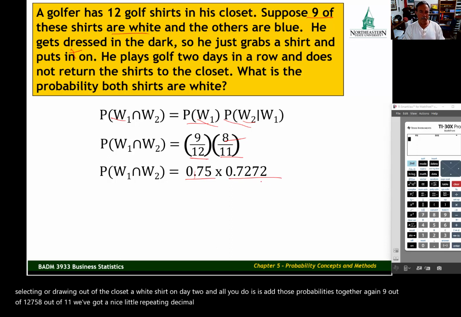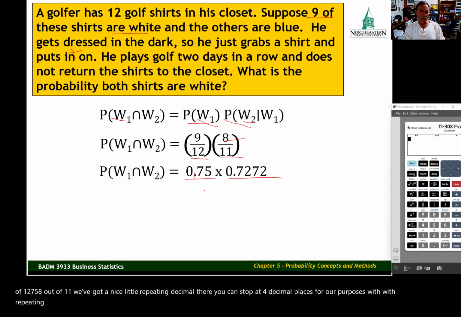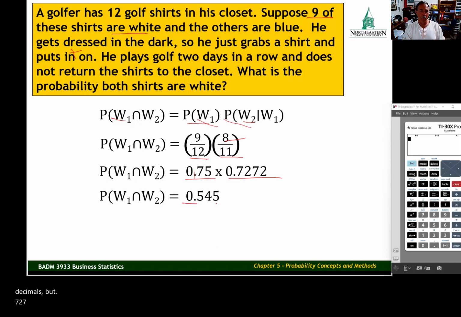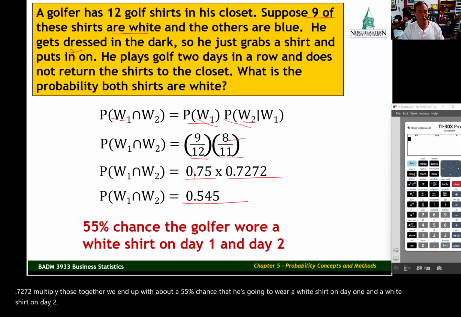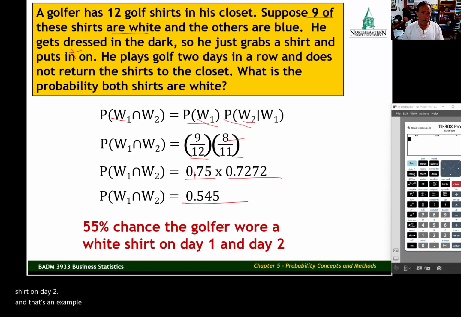You can stop at 4 decimal places for our purposes with repeating decimals. But 0.7272, multiply those together. We end up with about a 55% chance that he's going to wear a white shirt on day 1 and a white shirt on day 2. And that's an example of the general rule of multiplication.